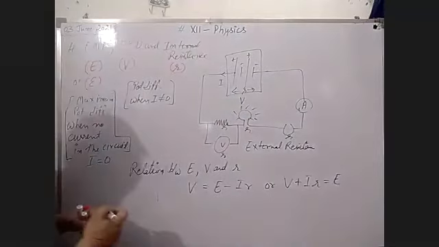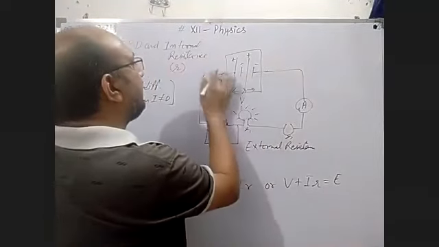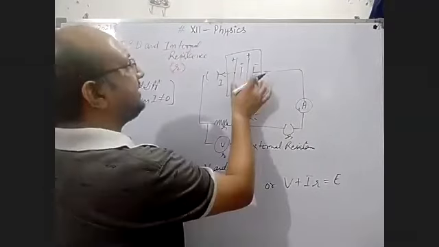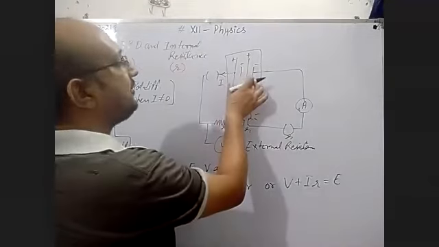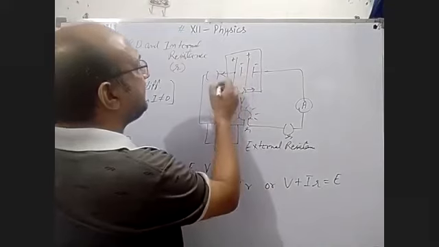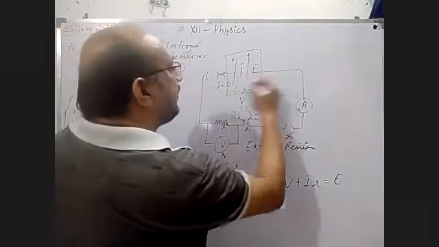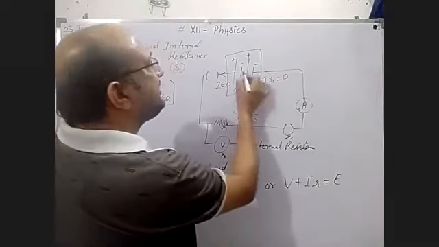When we take the value of a battery in an open circuit, it shows the maximum value, because current is not flowing there. The current value is 0, so current and resistance make no voltage. This I into r is 0 because I is 0 here.